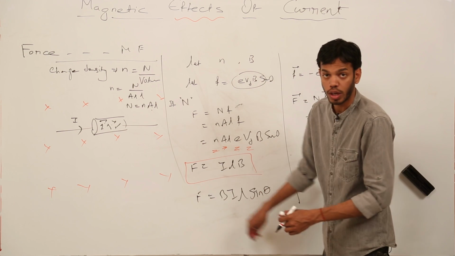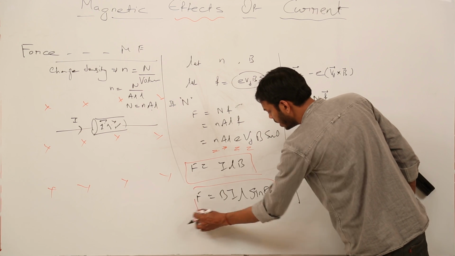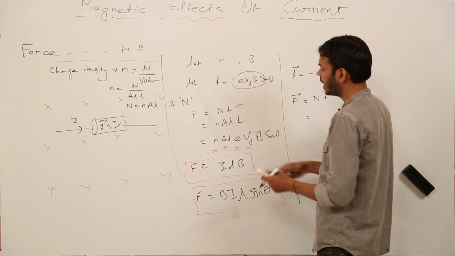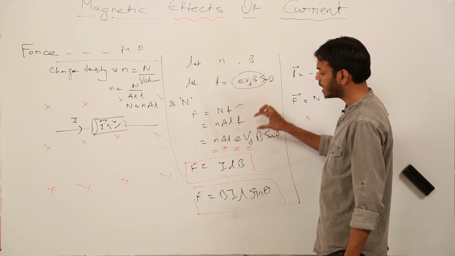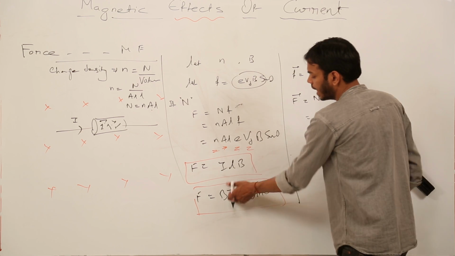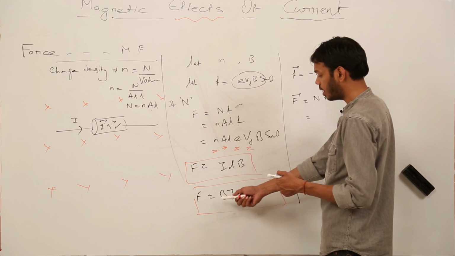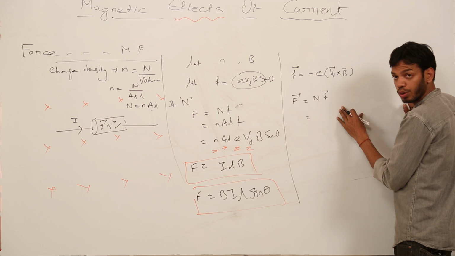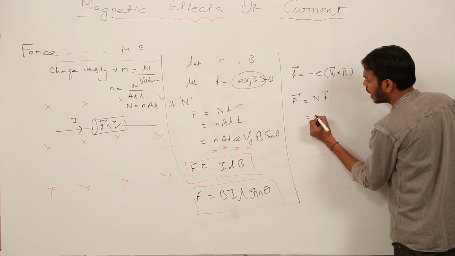So now it gives you an idea that it can be I L cross B, because the vector term here is drift velocity, so it is included in the length. Current is a scalar, so length and the magnetic field will be the vector quantities included here. You want me to do this? Let's do it fast.